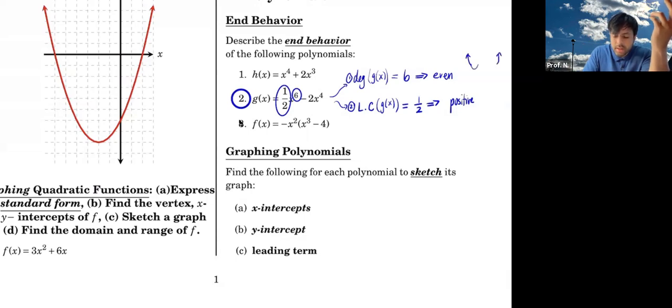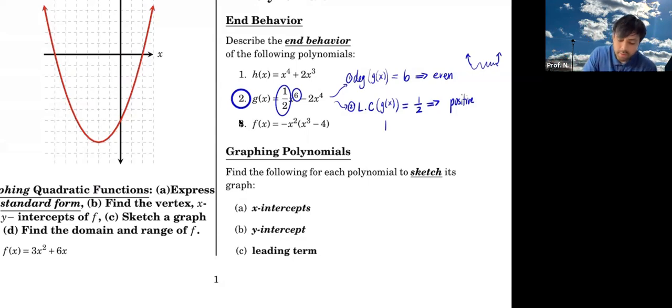Sure, inside here there might be some rise and some fall in between, but at the ends, that's what it looks like. It looks like it's just pointing upward from either direction.